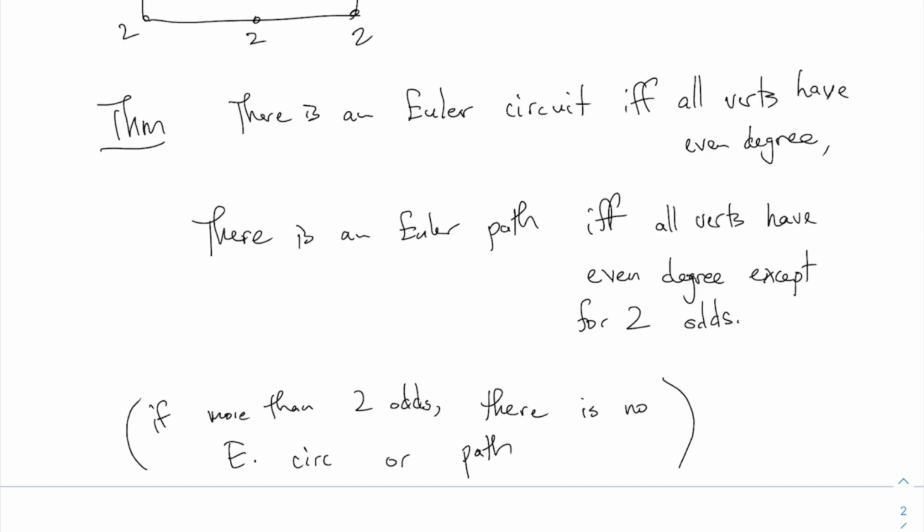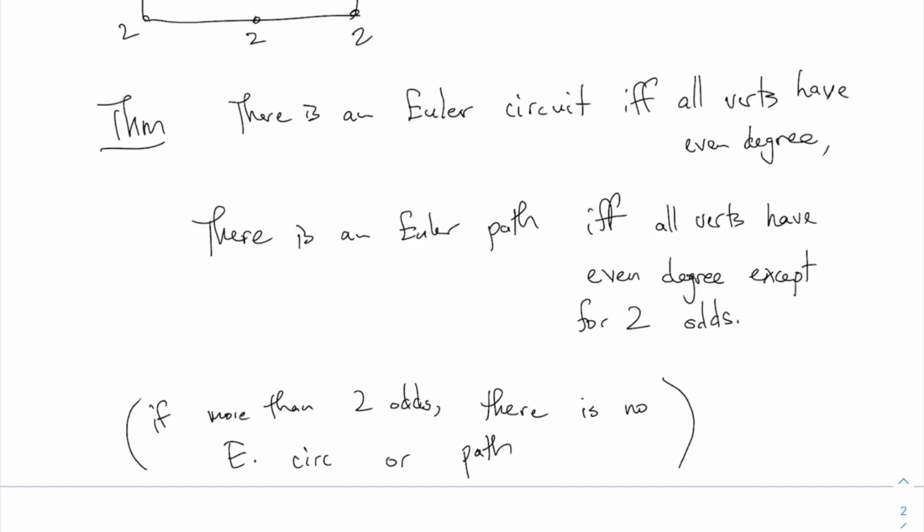Whenever I ask you, is there an Euler circuit or Euler path, you have to think in terms of the degrees, right? The question in your mind should be, are all the degrees even? Or are all of them even except for two odds? Those are the questions. I would say for the graph representing our building here, in which all of us are connected to everyone else in the building, actually I don't know what the degrees are.